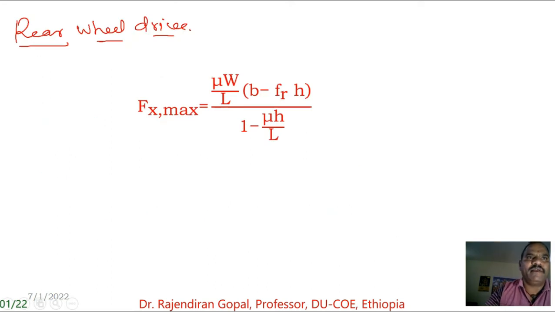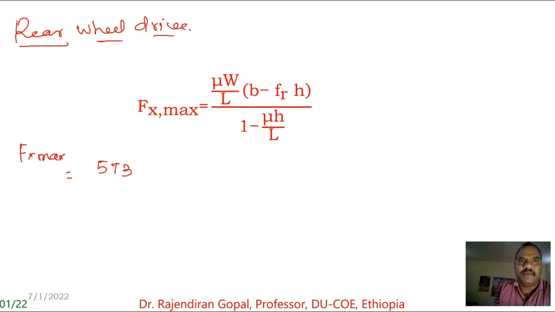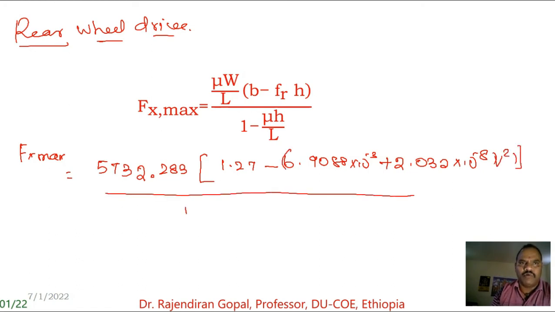Now for rear wheel drive, Fx max = μW/L × (1.27 − (6.9088 × 10^-3 + 2.032 × 10^-8 V²)) divided by (1 − 0.145455).